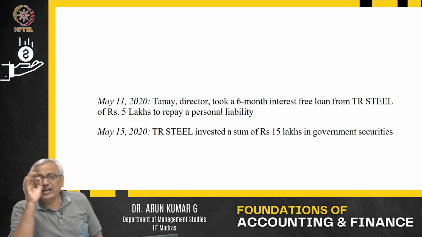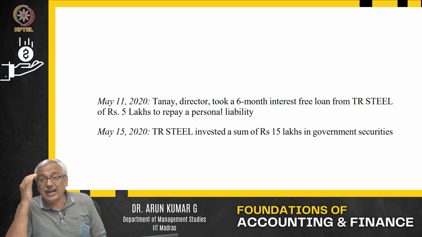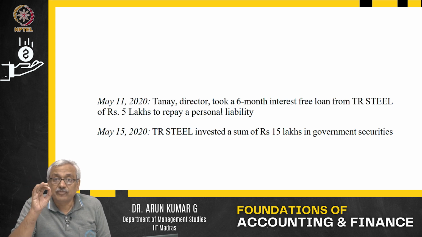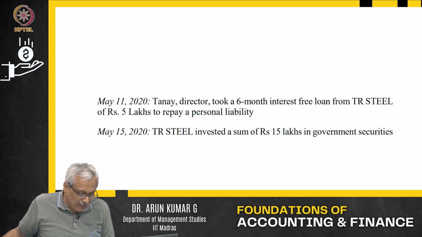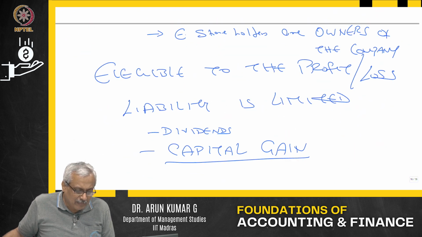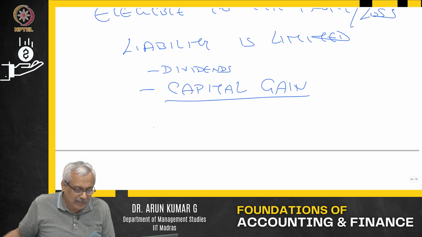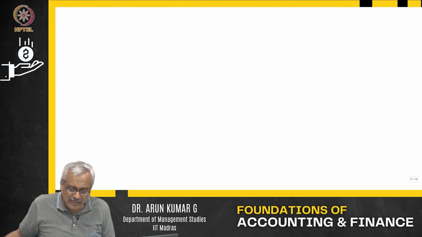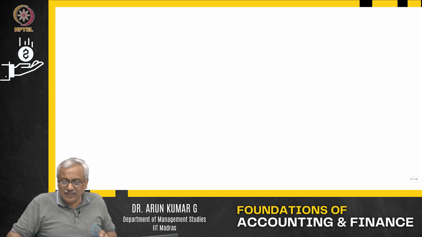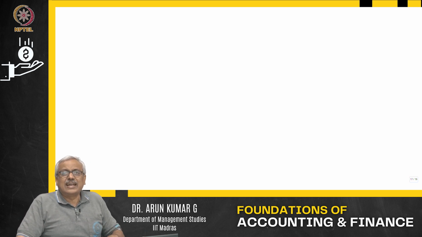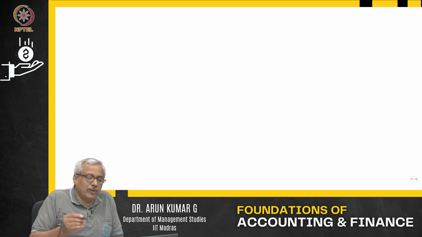Now, one of the directors has taken money from the company. When they take money from the company, normally what happens in that particular case is it will always be in 3 forms. A director or a partner will take money in 3 forms.